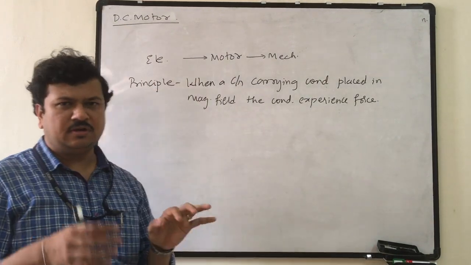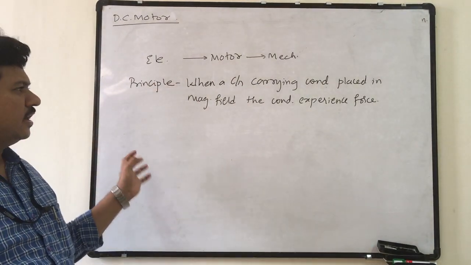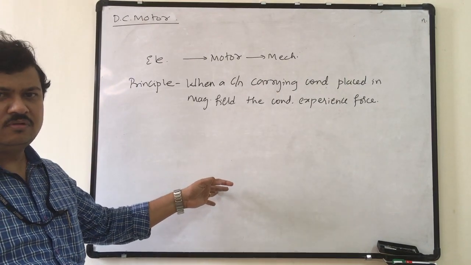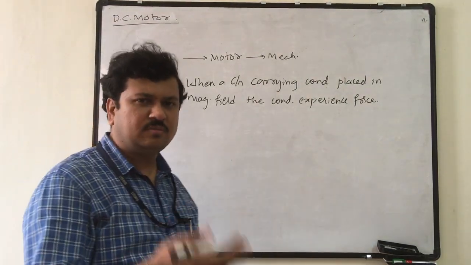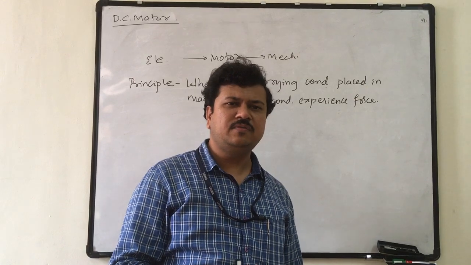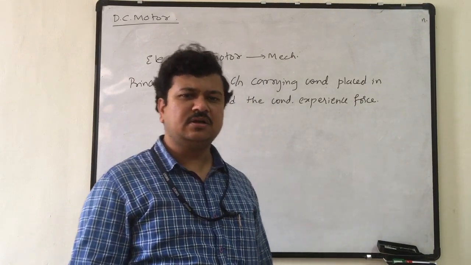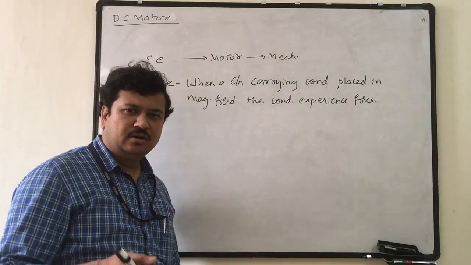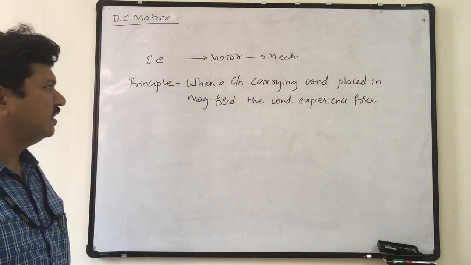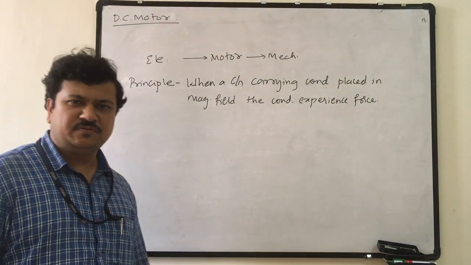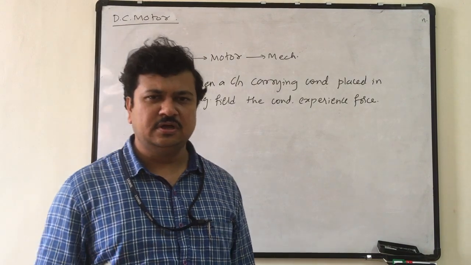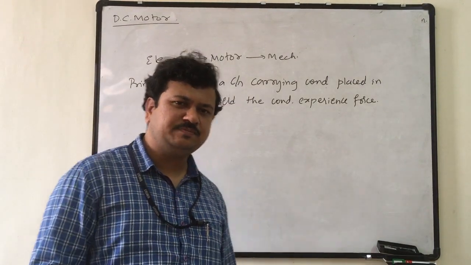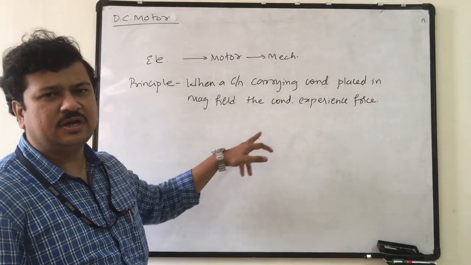There is a magnetic field already existing and I am placing a current carrying conductor into that. So that current carrying conductor is having its own magnetic field. Two magnetic fields will interact, and as a result of that, either there is repulsive force or there is attractive force exertion. So in both the cases there will be some force, and that force is exerted on the conductor.